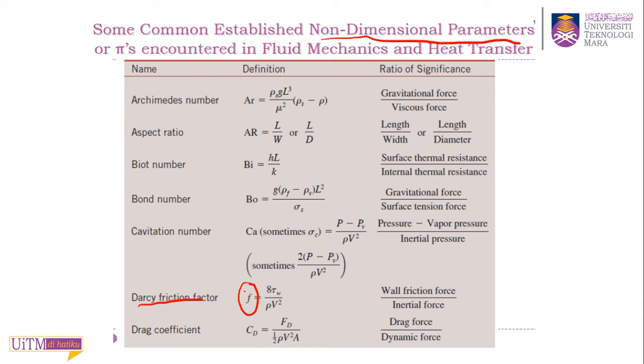So this is one common example of the non-dimensional or dimensionless parameters. There's no dimension for that, and you have seen it before.